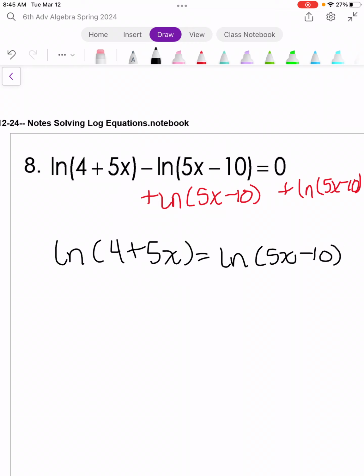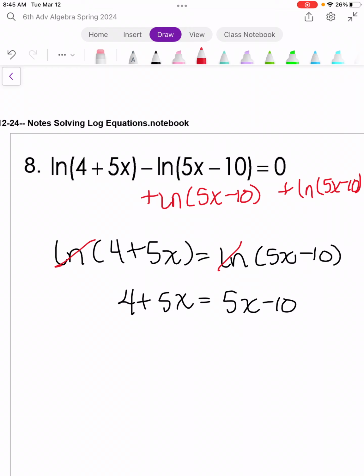Now this looks just like the one above it. The natural log of something equals the natural log of something, so it must be the same thing. I can get rid of these natural logs and say 4 plus 5x equals 5x minus 10.